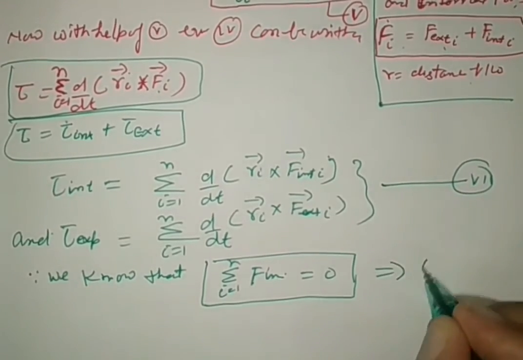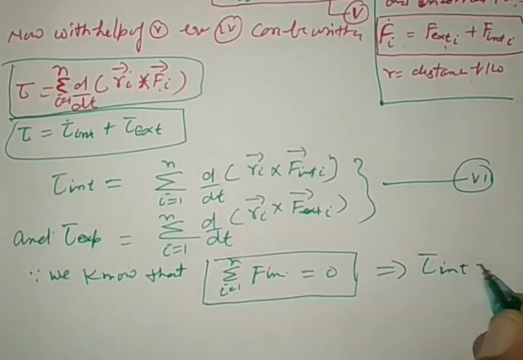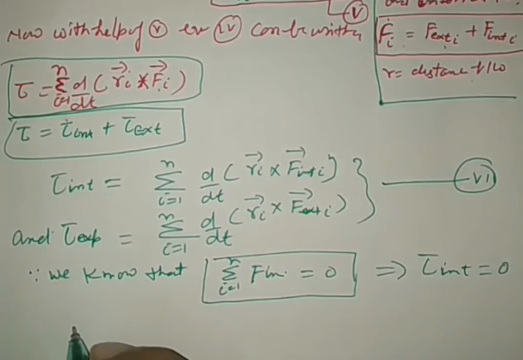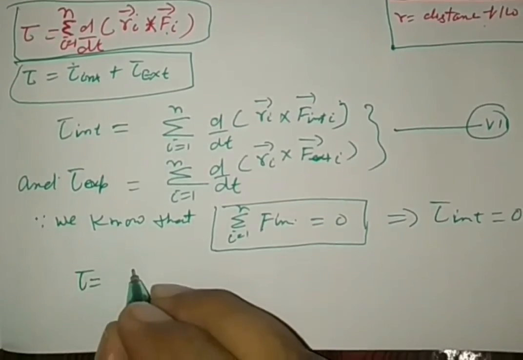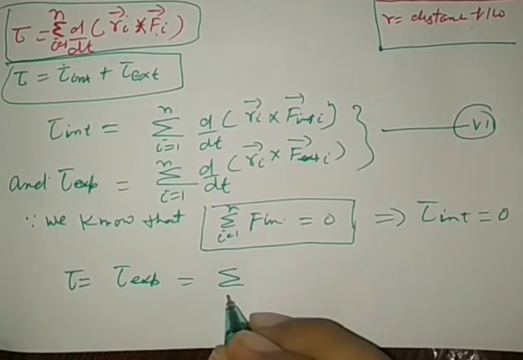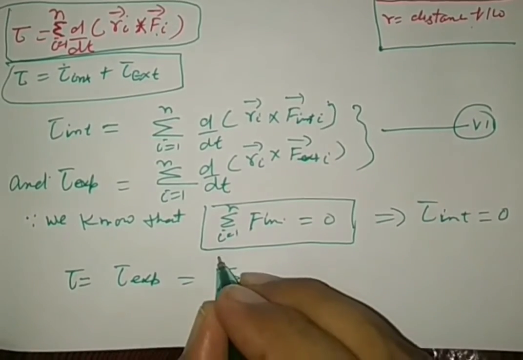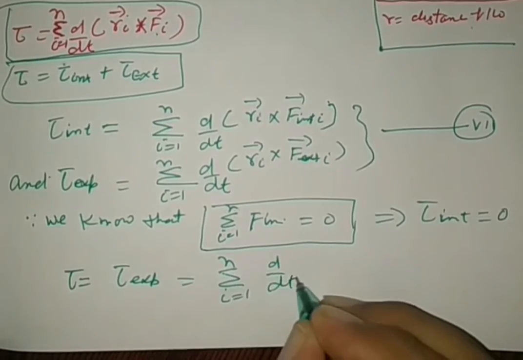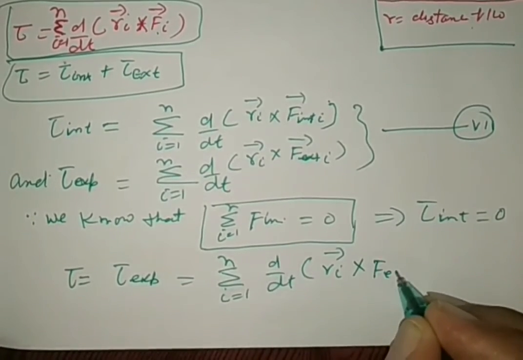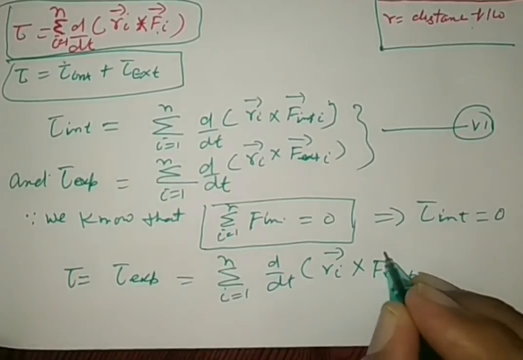This implies that internal torque acting is equal to 0. There is no role of internal tau, then total tau is equal to external tau. It is sum of i equal to 1 to n of d by dt of Ri cross F external i.